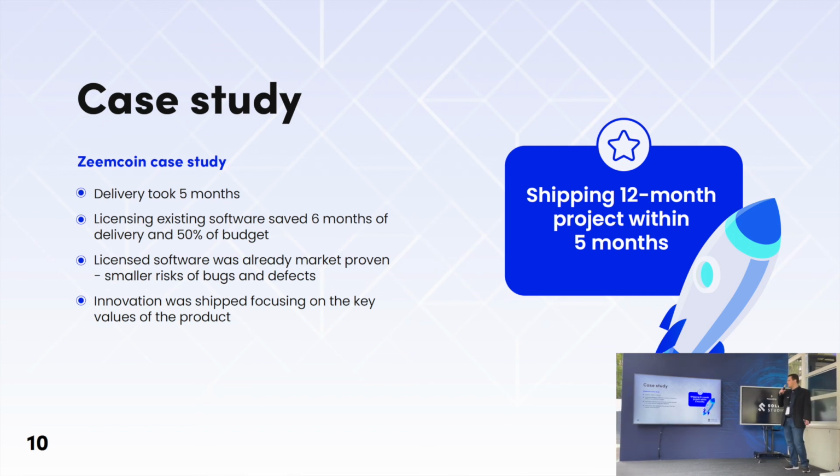So there were smaller risks of bugs and defects. And once again, it allowed us to focus 100% of our efforts on innovating the unique functionalities that differentiate Zimcoin from the rest of the EMSP applications out there on the market.